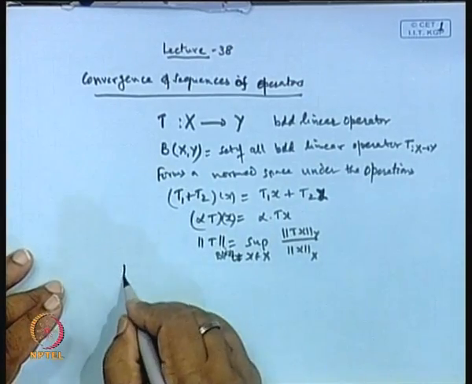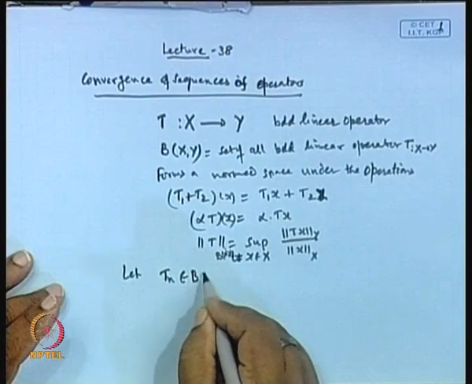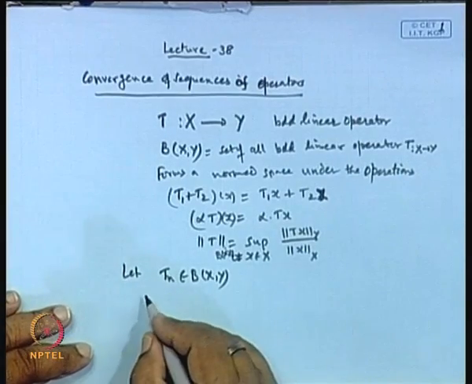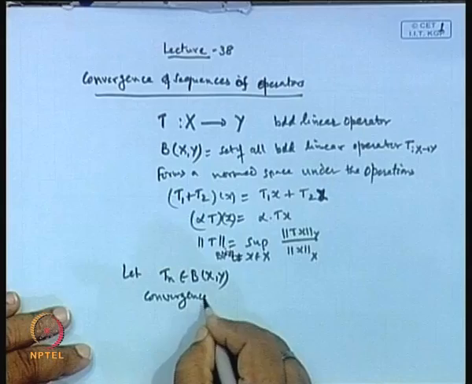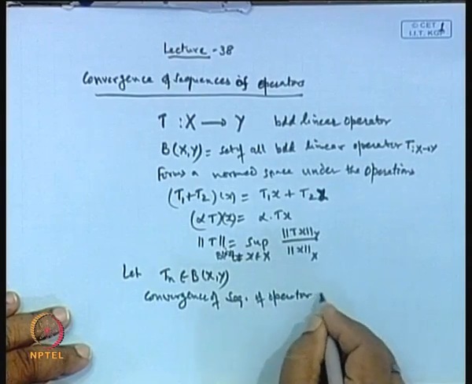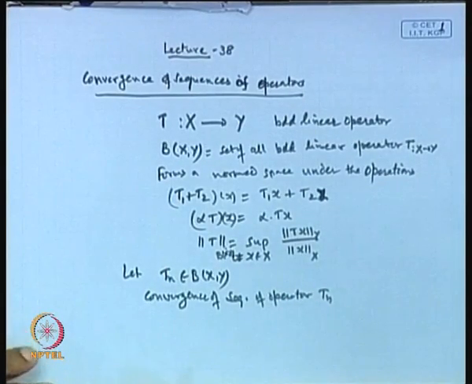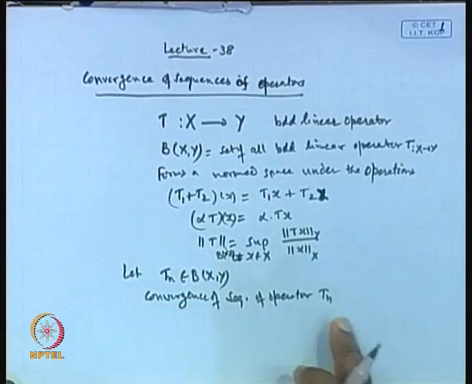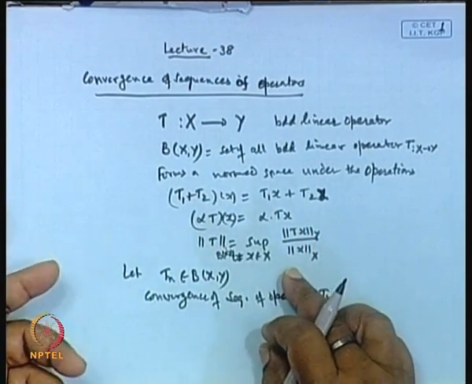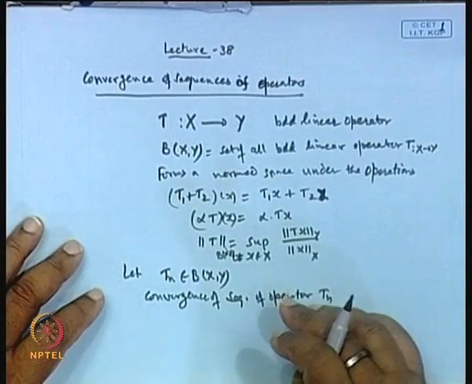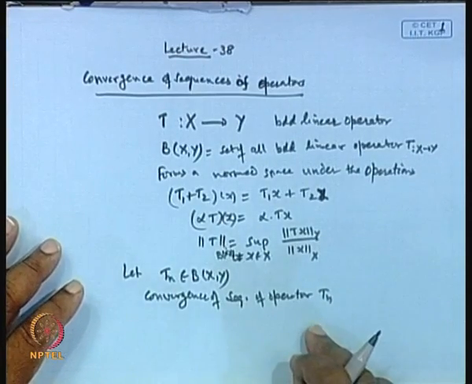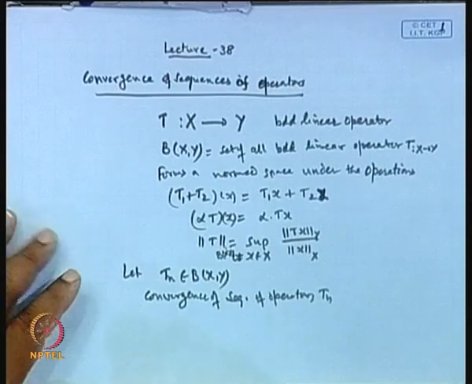Now, if we take any sequence of bounded linear operators belonging to this class B(X, Y), the convergence of the sequence of operators T n will depend on which norm we are taking: the norm of B(X, Y), or the norm of T x in the usual way.